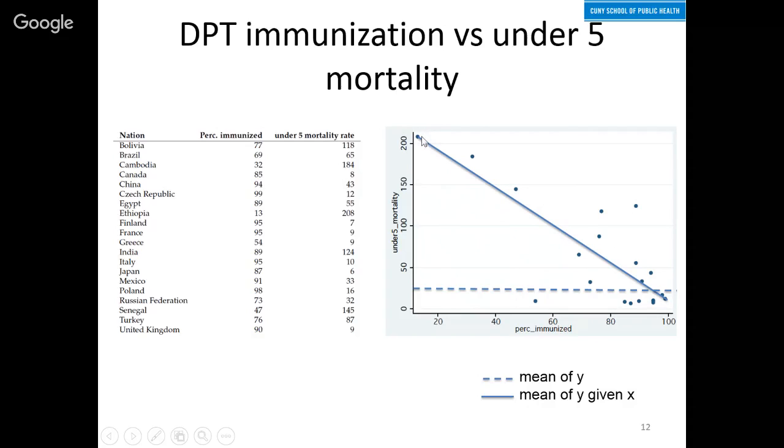And so this line is telling us that the expected value of y changes for different x. And if you were to calculate these residuals, you would find that for the most part, they're smaller than the residuals to the dashed line.